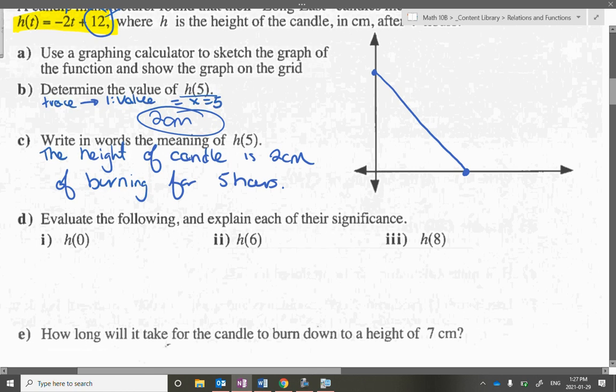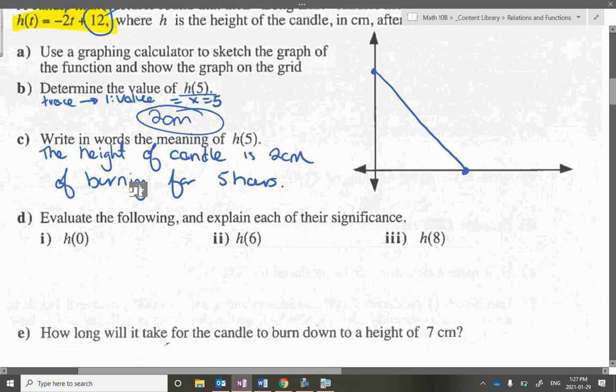Evaluate the following and explain the significance of each. So x equals 0. So you can plug this into your calculator or you could do it algebraically. This question does not specify. So whichever your heart desires. I will specify how I want you to solve it at times. You have to be able to do it algebraically and you have to be able to use your calculator.